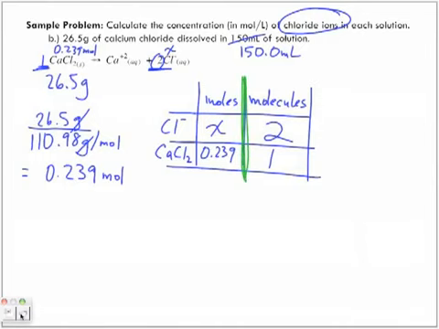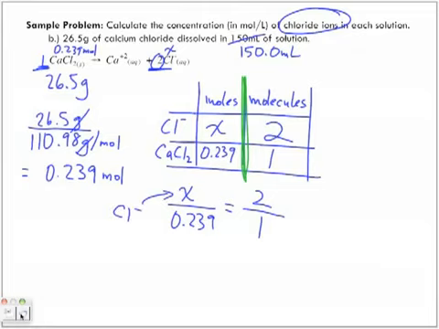We separate the two columns with an equal sign. So we have x over 0.239 equals 2 over 1. And what we're trying to find with this x is the number of moles of the chloride ion.